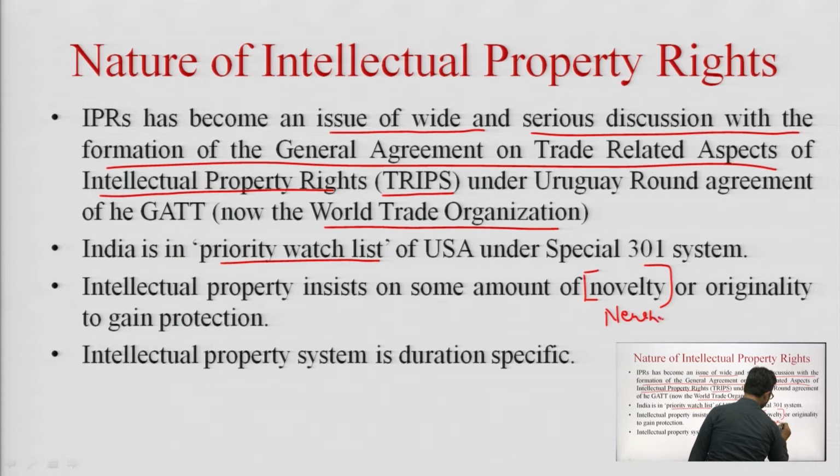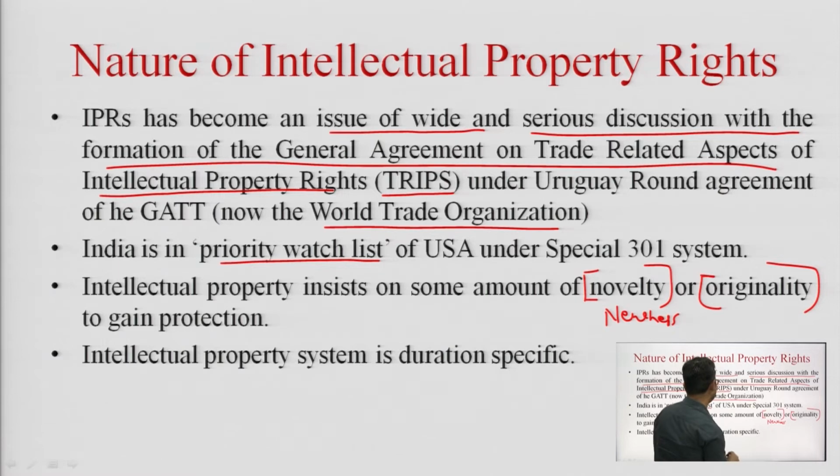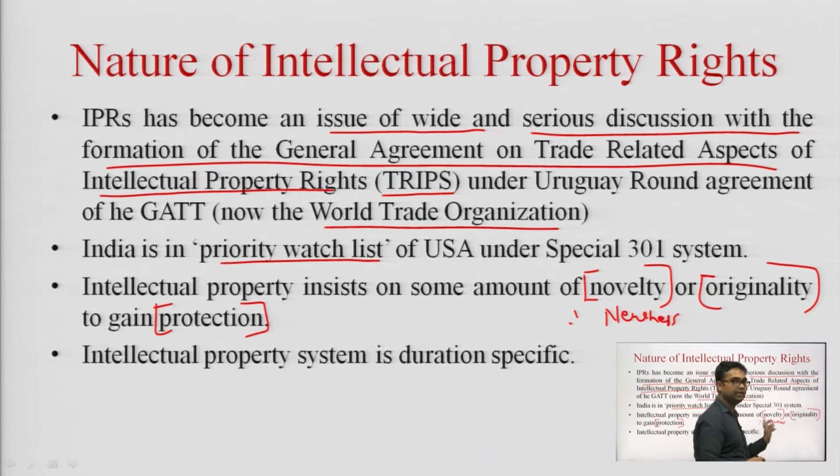It should have newness and originality. The work should be original, should not be copied from anywhere. Then only the intellectual property will gain the protection. The law will only be implemented for the protection if it has newness, means novelty and originality in the work.